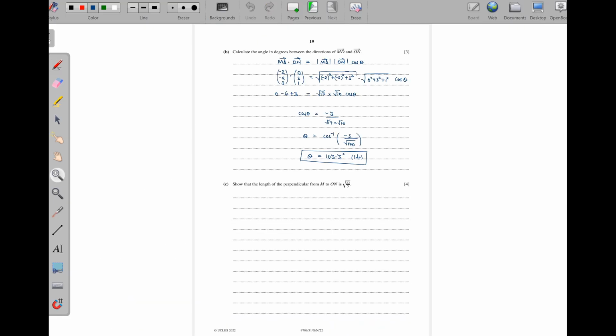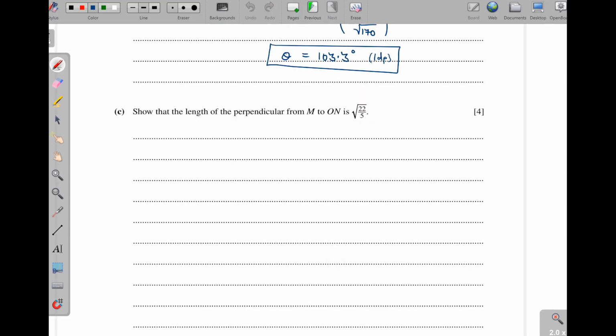All right, now we are going to have, I've seen something like this. We have ON. Let me do a small sketch here. ON. It was like that. Then we have our M somewhere here. This is M. This is perpendicular.